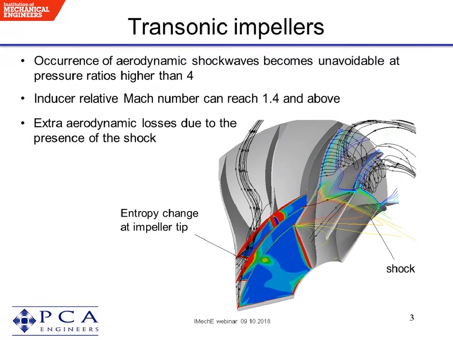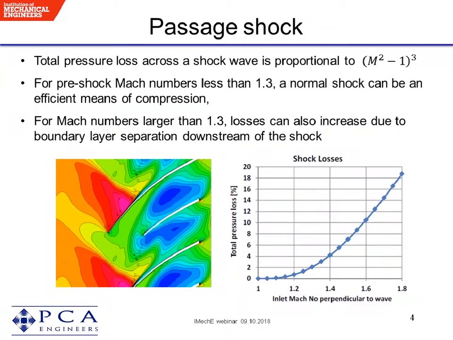Looking at the shock itself, the total pressure loss across a normal shock is proportional to (M squared minus 1) to the power 3, where M is the component of the Mach number normal to the shock. For an upstream Mach number of 1.3, the static pressure across the normal shock increases by a factor of 1.8, incurring only 2% total pressure loss, as you can see in the diagram on the right-hand side.